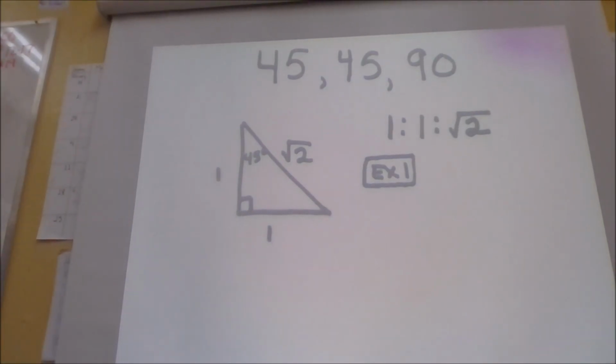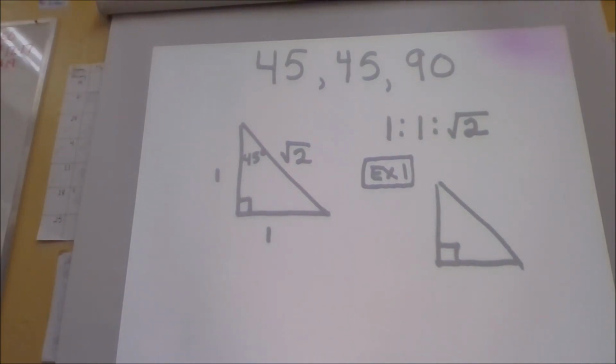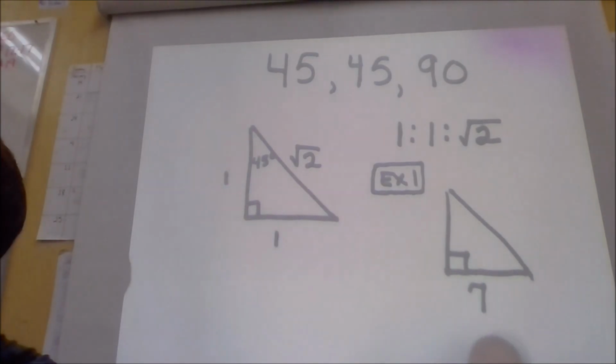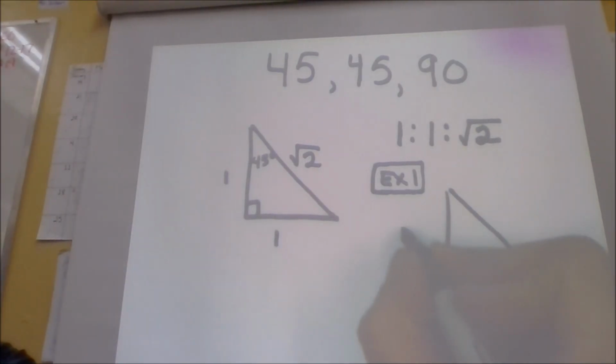So the quick example that will illustrate this ratio is when you are given one of the legs of the triangle. Let's say one of the legs is 7. And we know that if one of the legs is 7, because it's a 1-to-1 ratio of the legs, the other leg is 7.